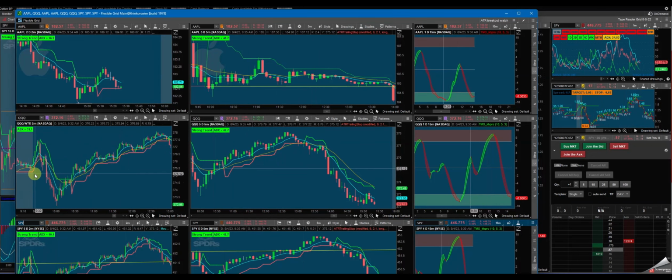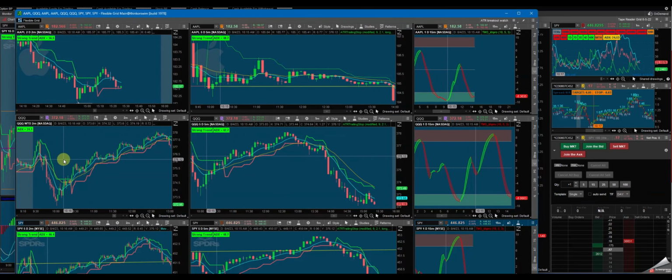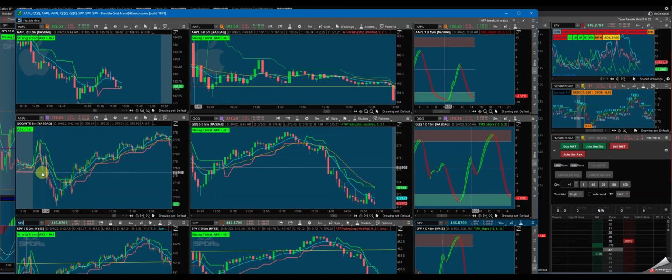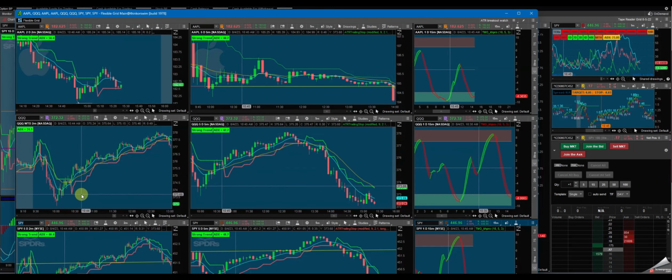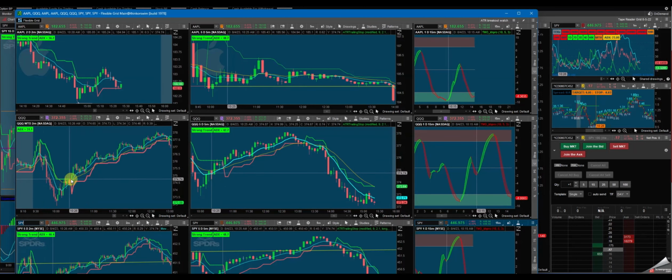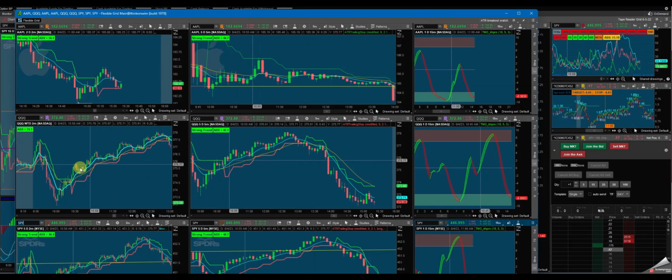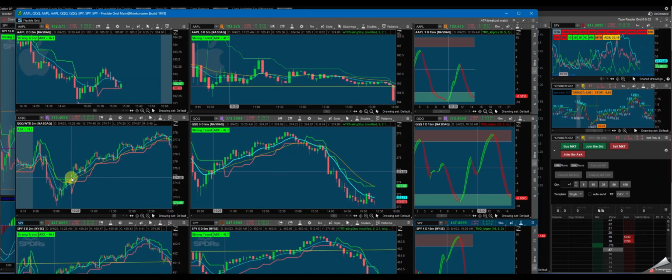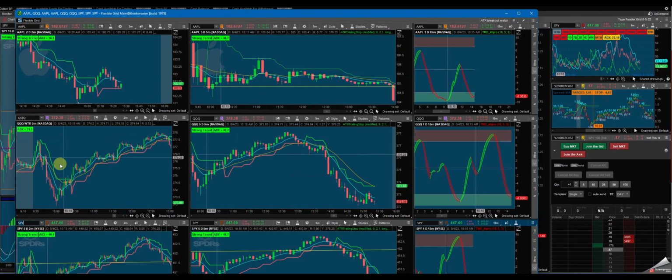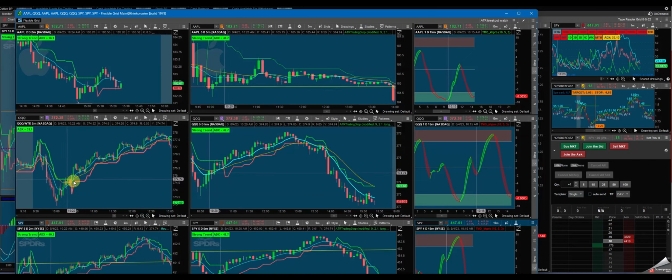This is actually today, 8/4. So what we want to do is anytime price crosses green, so this line, we initiate long or bullish context. So now the QQQs are above the green. This is bullish context. This is technically a buy signal. But now we want that same signal on the 5 and the 15.